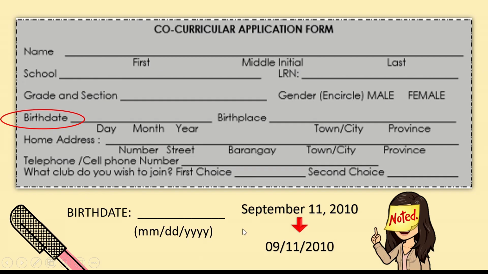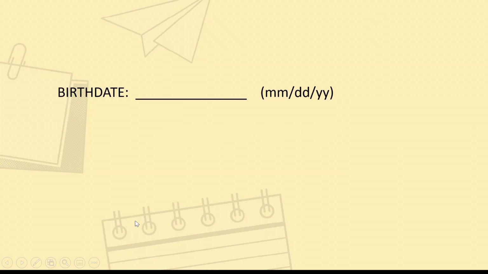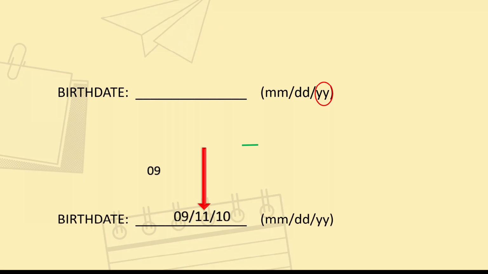Bakit 4 na Y? Dahil 4 na digits. Sa iba naman, nauna ang month, day, at year. Kapag dalawa lang Y, kunin mo yung last 2 digit ng year, then write the day and the month.